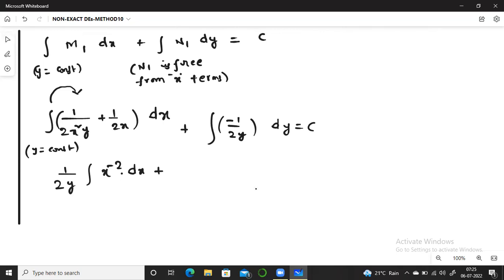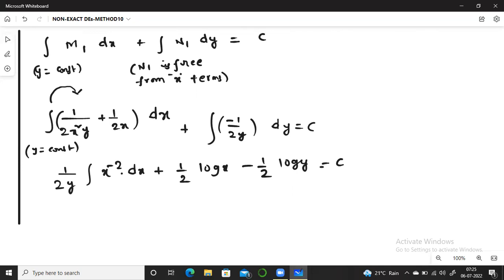What is the second term? 1 by 2, 1 over x, log x. What is the third term? Minus 1 by 2, 1 over y, means log y is equal to constant. So what is this term? x power minus 2. By the formula x to the power n plus 1 by n plus 1, x to the power minus 1 by minus 1.